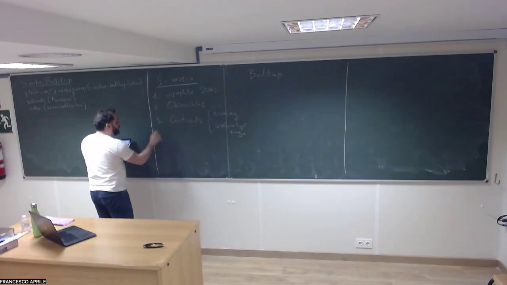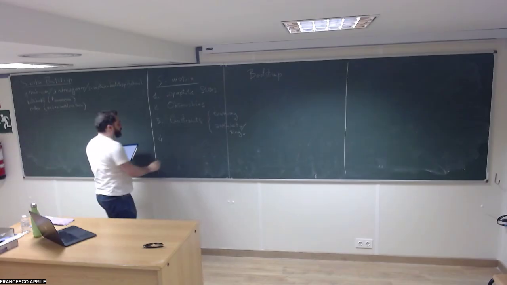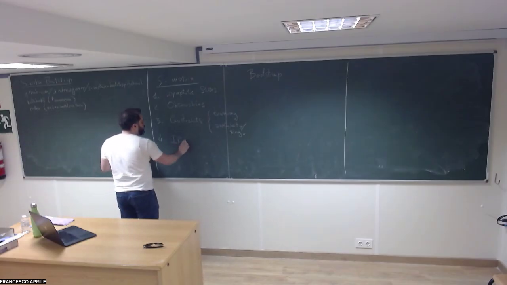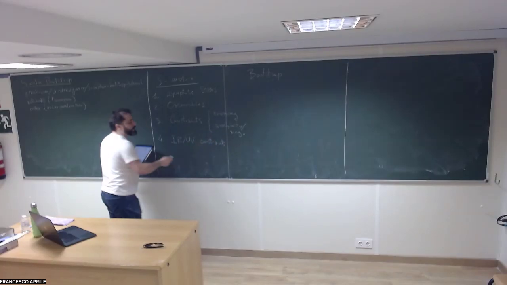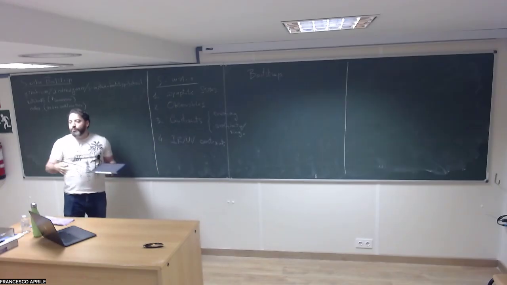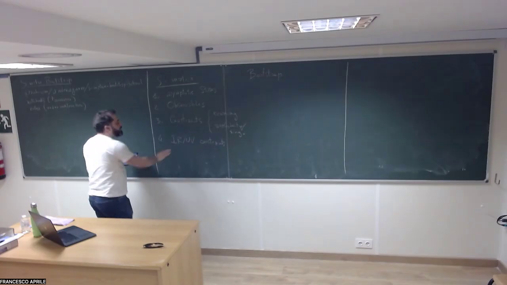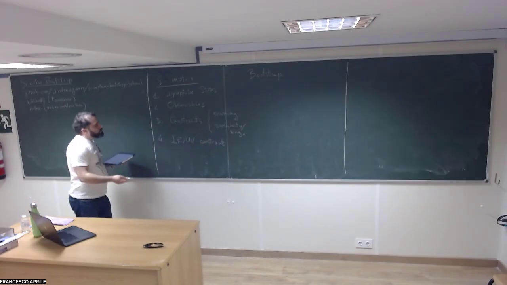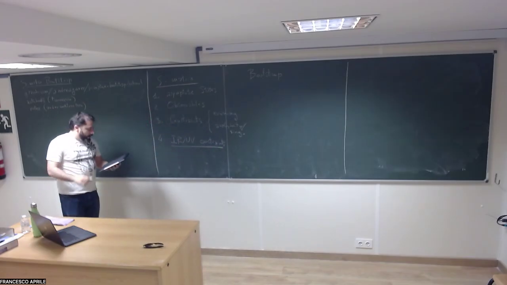Optionally, there is a fourth point: you can add additional IR and UV constraints if you are interested in something particular. Say you are interested in QCD; then instead of studying this space in full generality, you want to focus on some particular set.